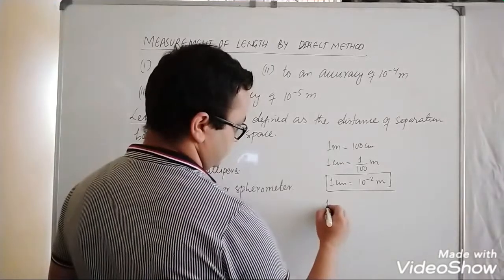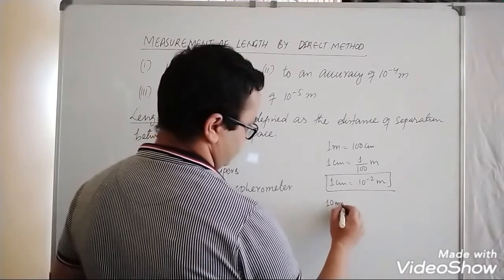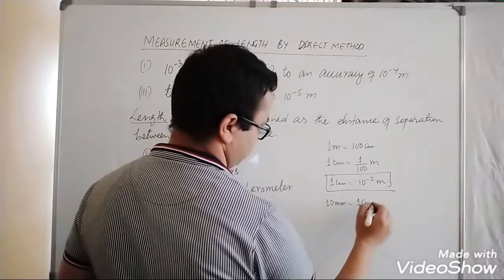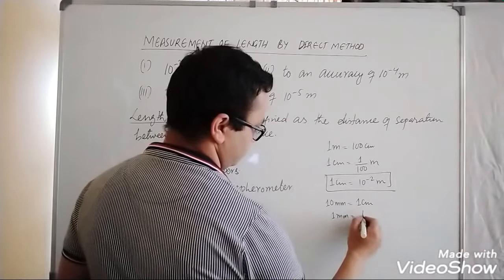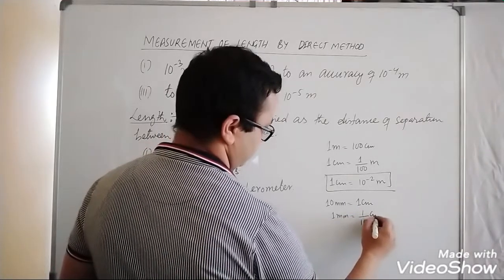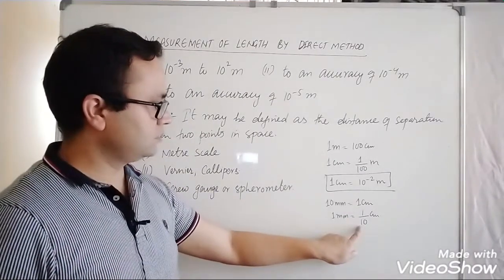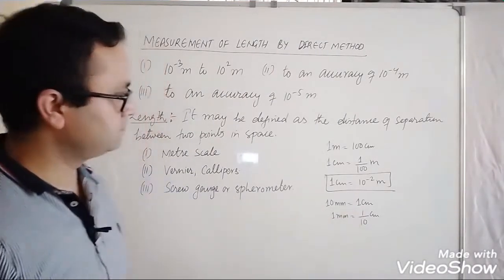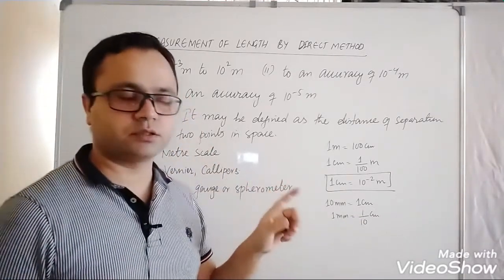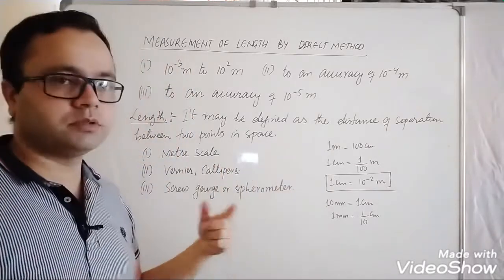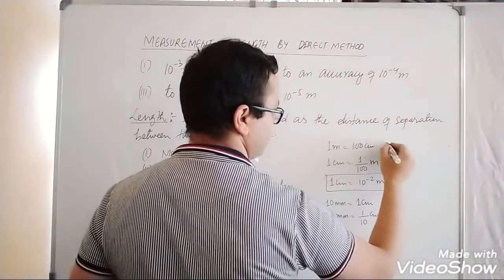10 millimeter equals 1 centimeter, so 1 millimeter equals 1 by 10 centimeter. In a meter scale, how many millimeters are there? There are thousand millimeters.